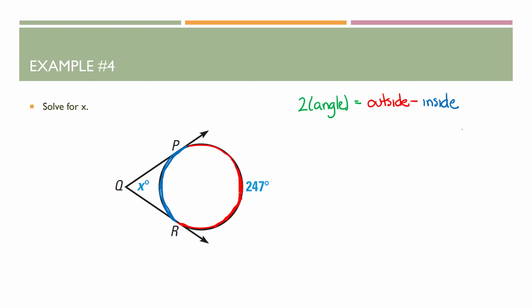That means that my inside and my outside arcs combined are going to equal 360 degrees. So 247 plus my inside that we don't know yet equals a full circle, 360 degrees. So to solve for the inside arc, all we need to do is subtract 247.